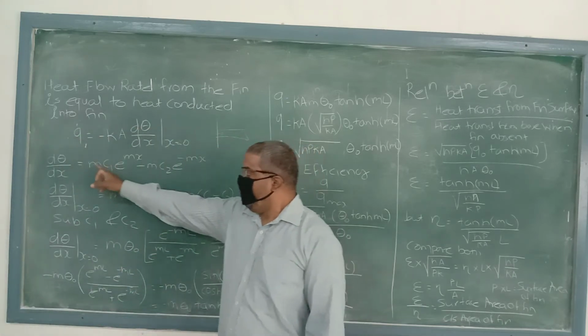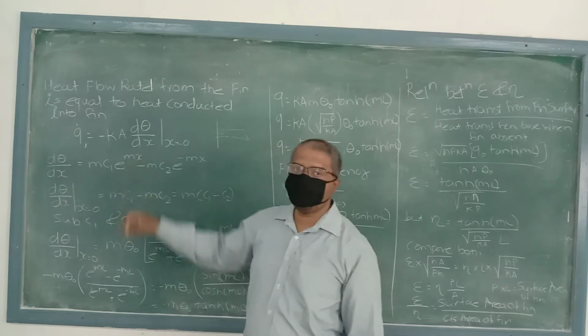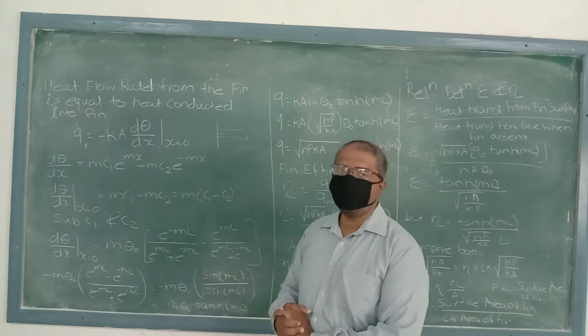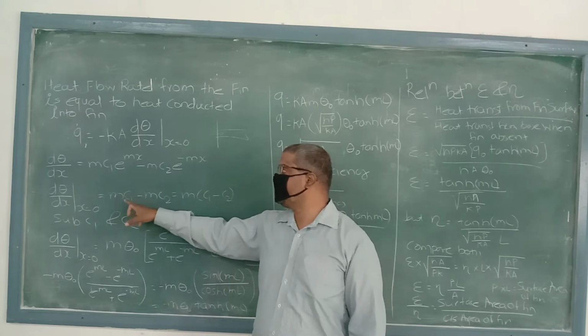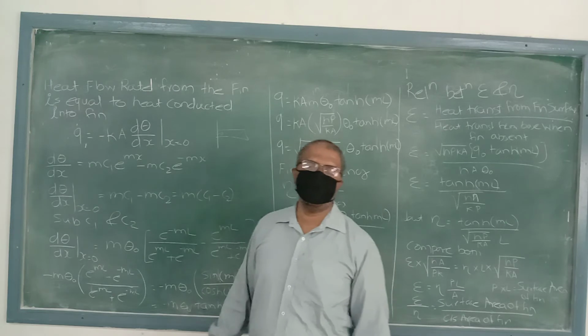that dθ/dx = m c1 e^(mx) - m c2 e^(-mx). So in this equation we are rearranging the terms and substituting x = 0.